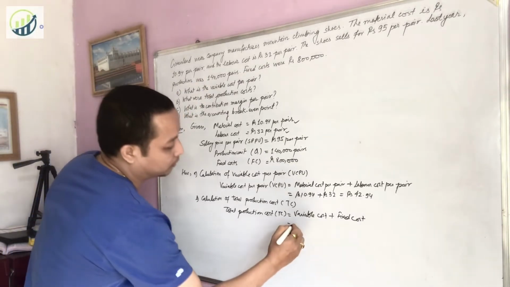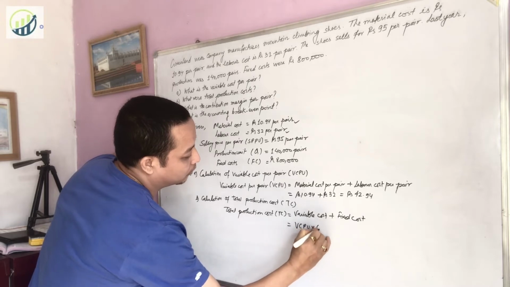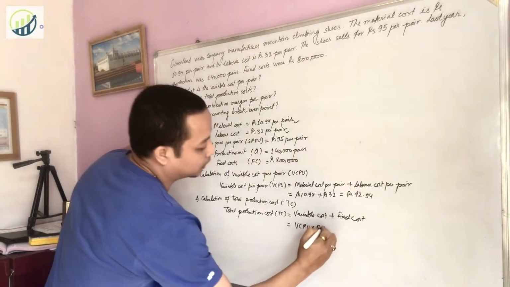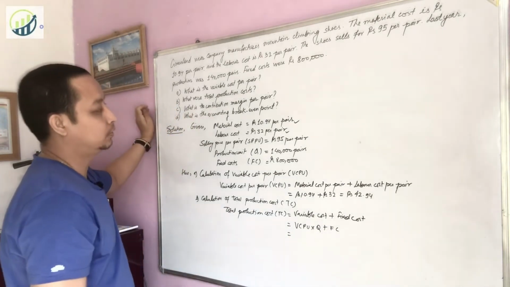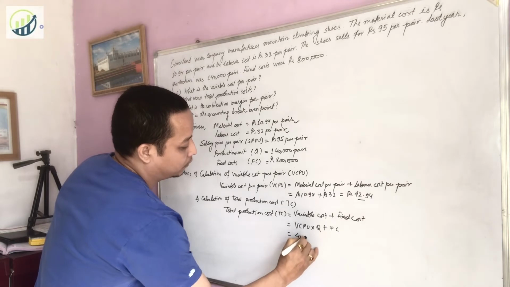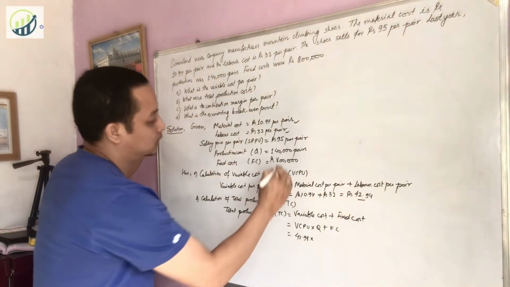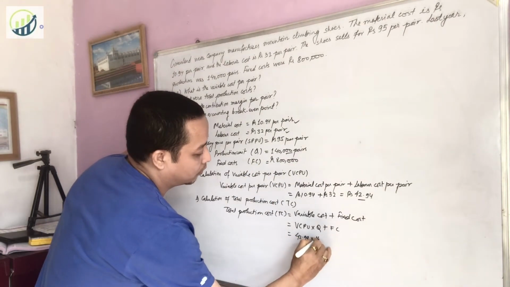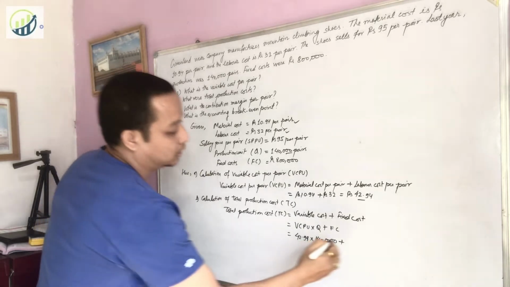So you can now use formula variable cost per unit into quantity produced plus fixed cost, or you can write here variable cost per unit, that is your 42.94 per pair, and quantity produced is 1,40,000 plus fixed cost is 8 lakh.